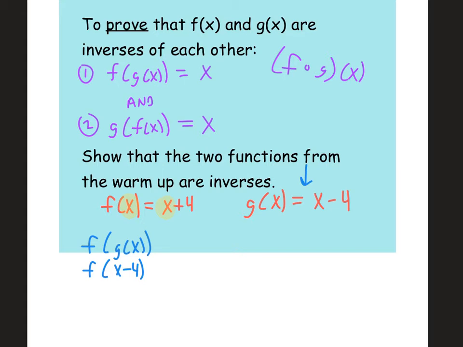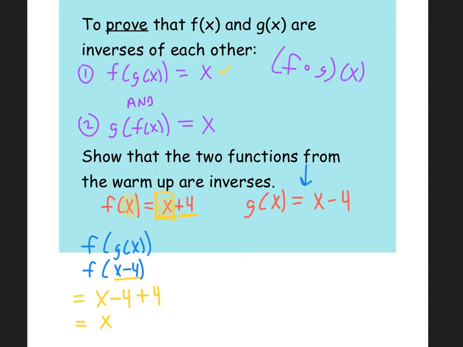So in our case, we need to be doing f of x minus 4. The x minus 4 is just going to go right here. So it's just going to be x minus 4, and then there's a plus 4 sitting out there. And x minus 4 plus 4 is simply x. So this first condition is met. We've shown that f of g of x equals x.